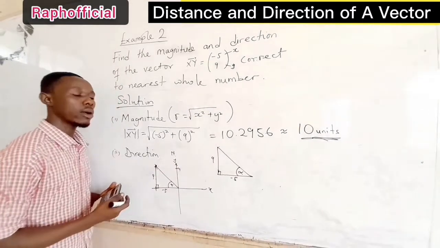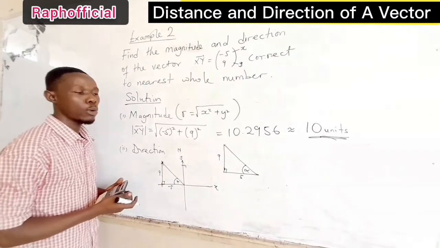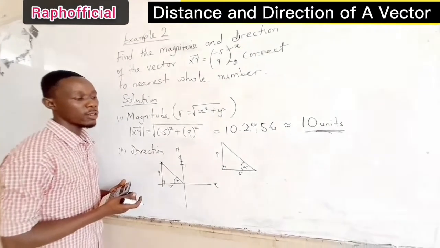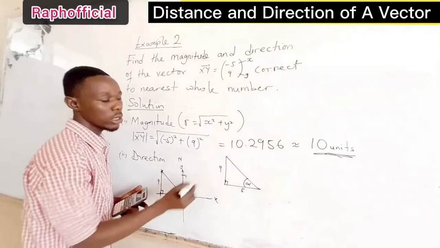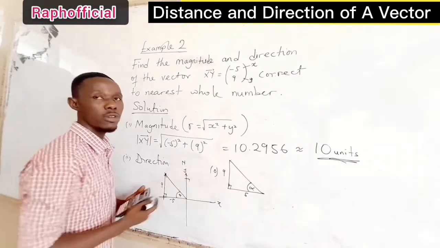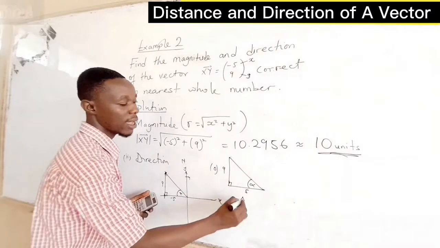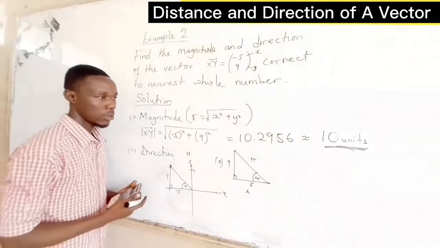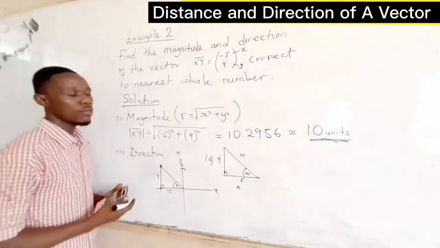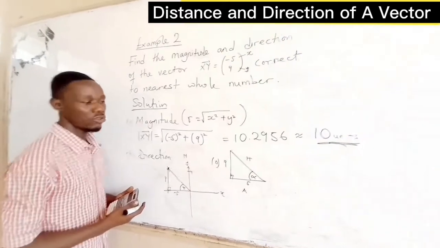But since we are going to calculate +5, then ask yourself, the 9 and the alpha, what is it doing? Here is opposite. What about the 5? It is adjacent. And this will become the hypotenuse. Remember that we are going to use what we call SOHCAHTOA, the trig ratio.